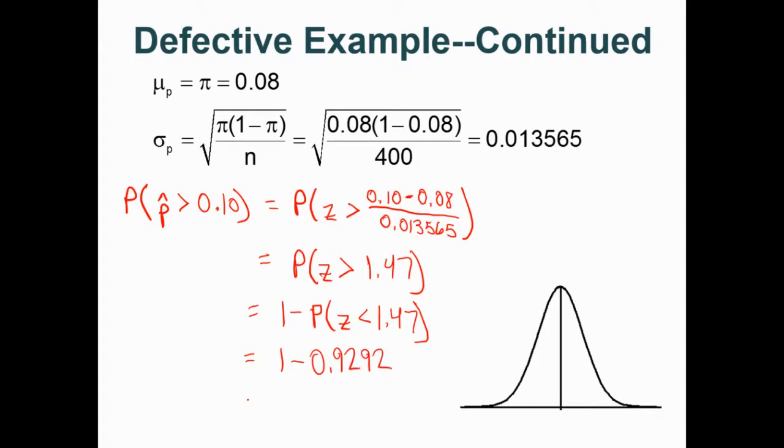And when we do that subtraction for our probability, what do I get? 0.0708.